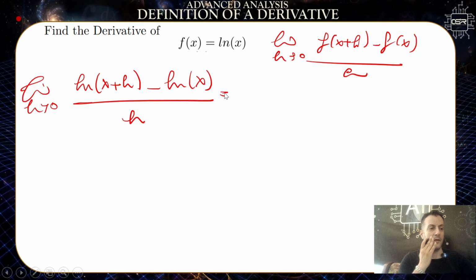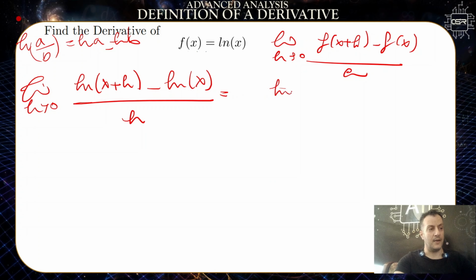Now, we know based on the formulas of the logarithm that ln (a over b) is equal to ln a minus ln b. So this can be rewritten in the numerator as ln ((x plus h) divided by x) over h.